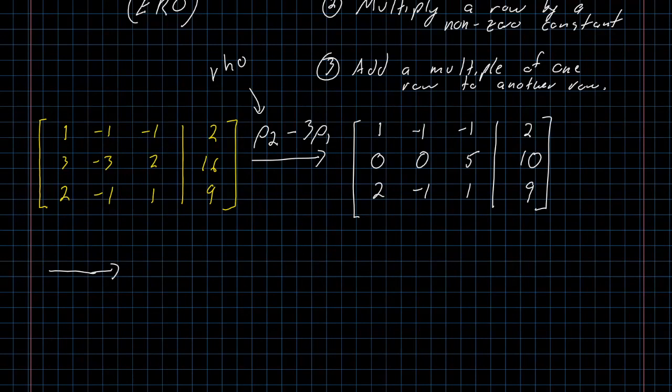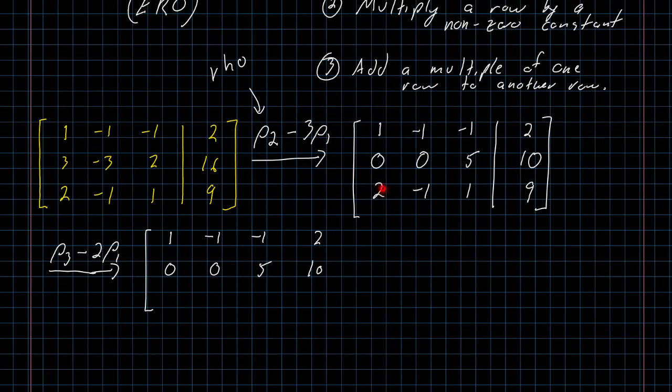Now continuing the pattern, I'm going to take my third row, row 3, minus 2 times row 1. So my first row stays the same. My second row stays the same. And then my third row, I do the subtraction.